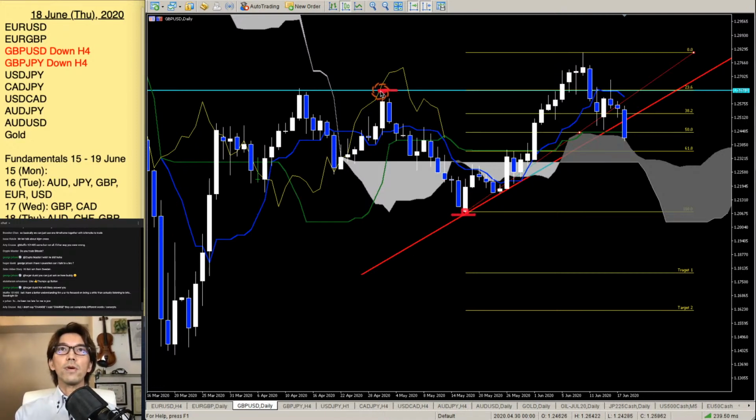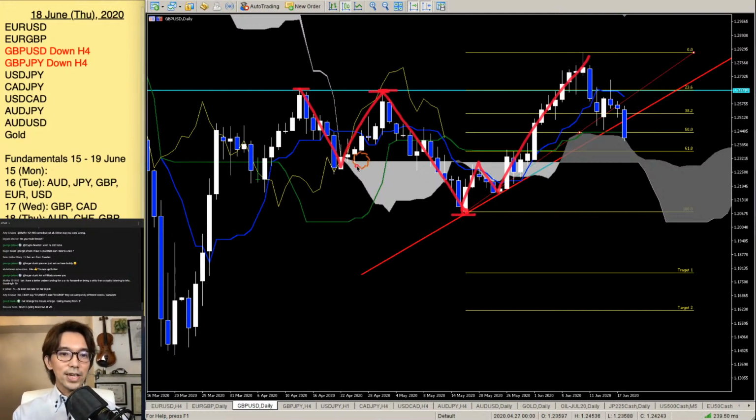This was an I wave, and after that it was an N wave. Right here it was an I wave, and before that it was a V wave, because the shape looks like the letter V. And before that, it was an N wave.